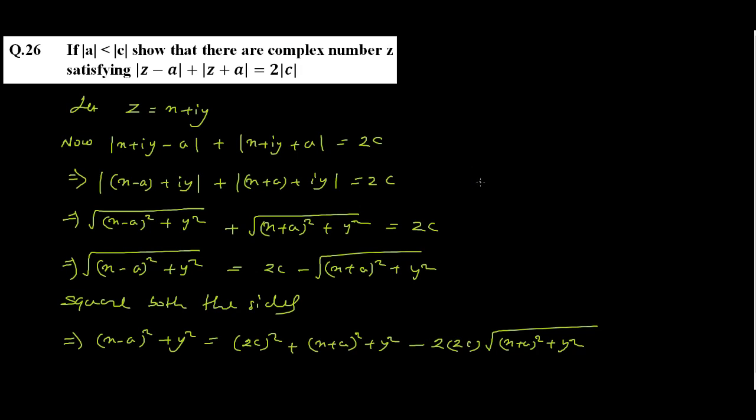so let's move to the next page. We can again rewrite 4c into square root of x plus a whole square plus y square is equal to 4c square plus x plus a whole square plus y square minus x minus a whole square minus y square.